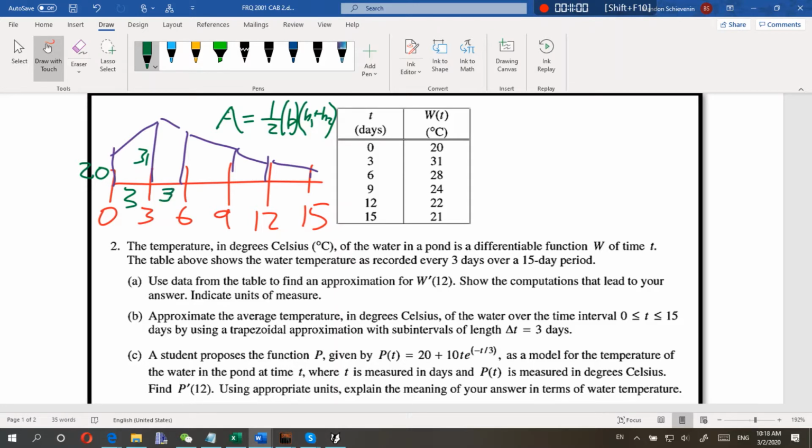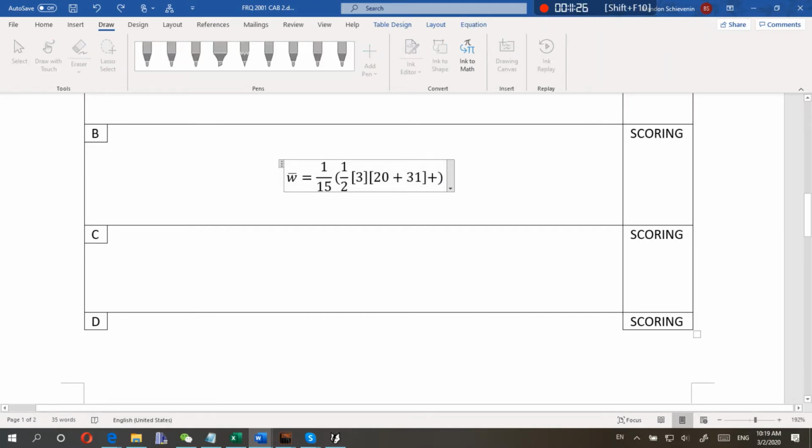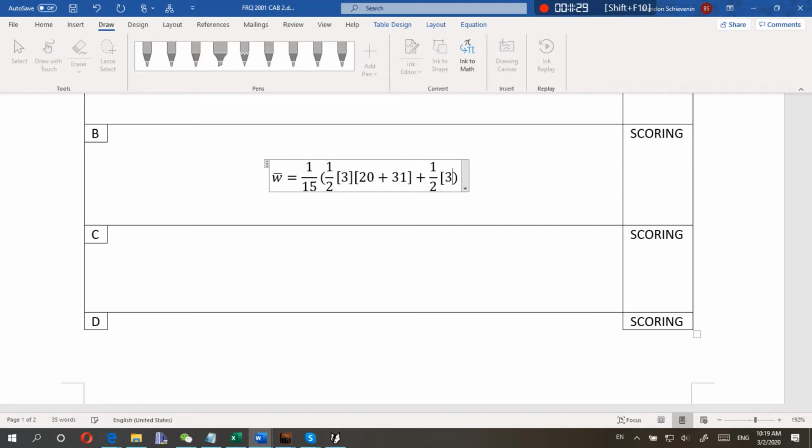Okay, 3 times 1/2 times... 31 and 28. Okay, so that's another 1/2, 3 and 31 plus 28.